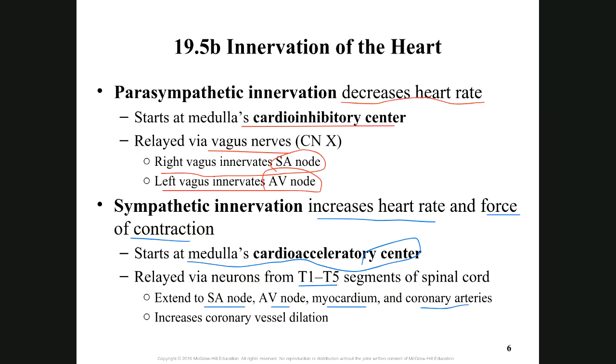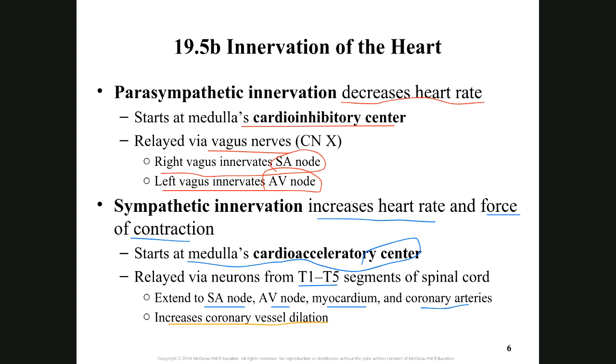The function of this nerve is increasing heart rate, power of contraction, and also the other function, which is very important, is it can increase the coronary vessel dilation. So we have dilation of coronary arteries, and they can bring more blood with more oxygen and more nutrients for our cardiac muscles.